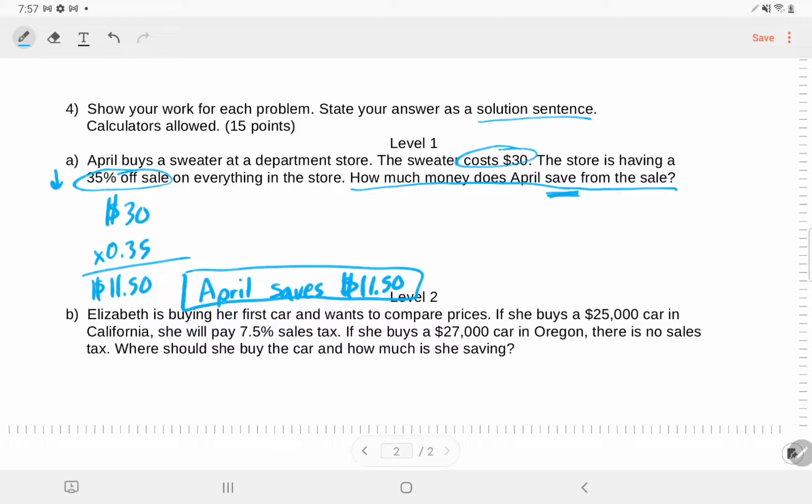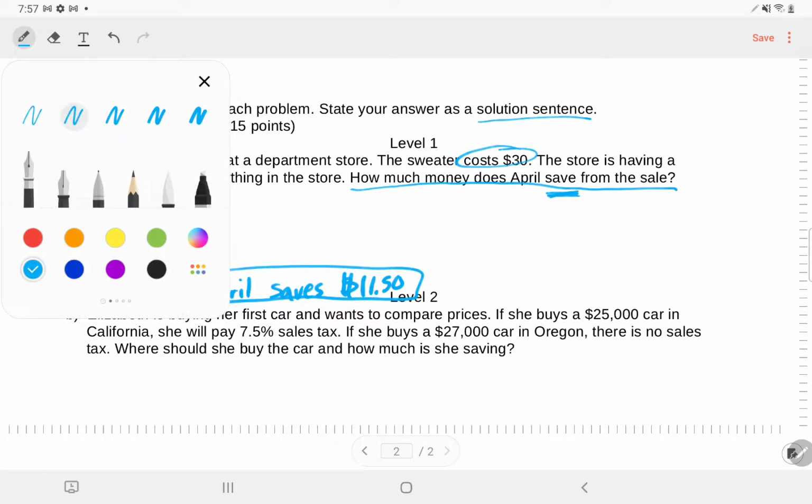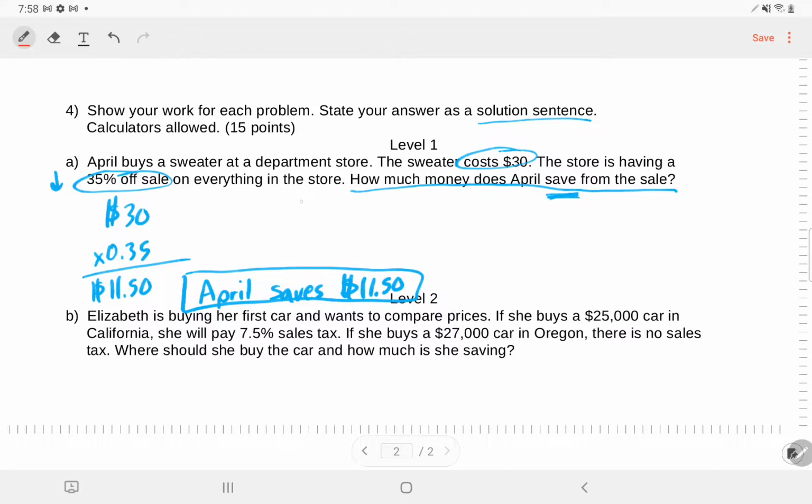Now, if we wanted to do it using method 1, this is method 2 right here. If you want to do method 1, which takes a little longer, you take your $30 and you multiply that by 0.65.